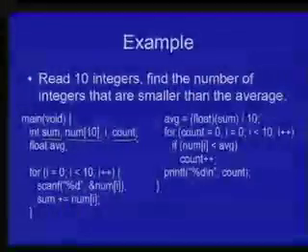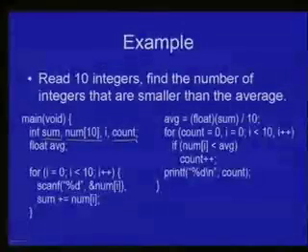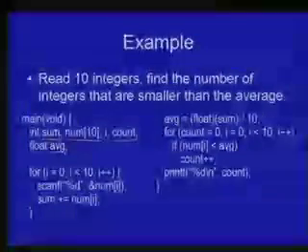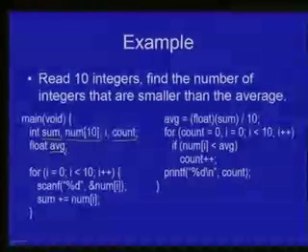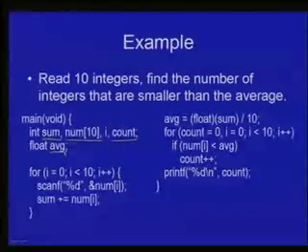The variable count will be used to count the number of elements which finally turn out to be less than the average, and the variable avg, standing for average, will contain the average, and this can in general not be an integer, and therefore we have used the float type to store the average.